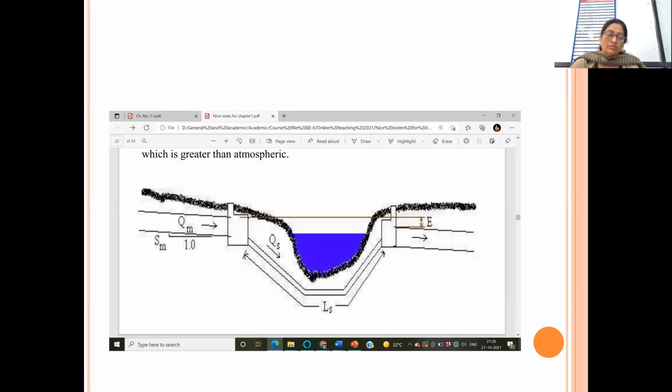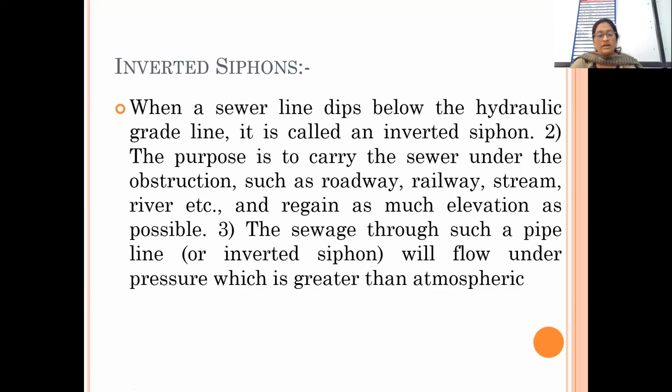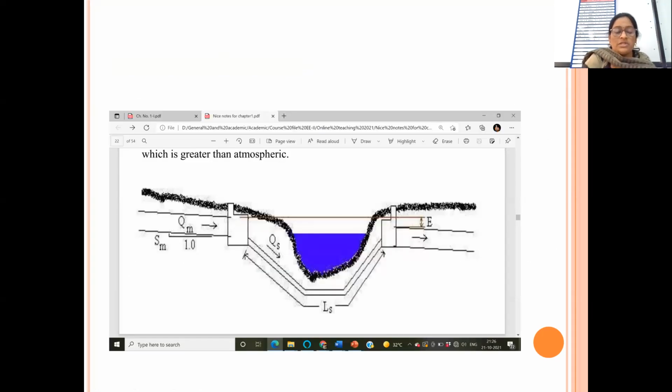Usually in a siphon, water flows by gravity. There is also pressure, but it flows by gravity. But here in the inverted siphon, it is flowing with pressure greater than the atmospheric pressure.